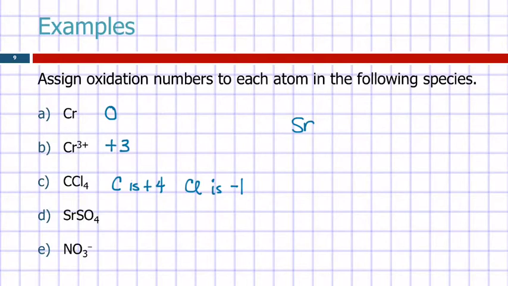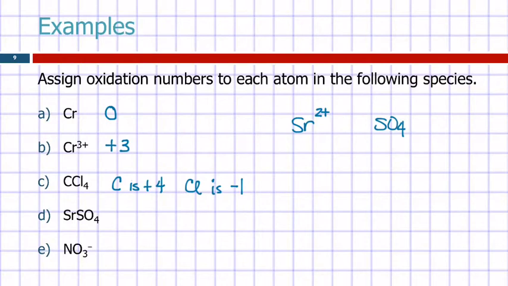Well, there's the first one, the metal, strontium, and then there's sulfate. We want to look at these separately. It's easier that way. What's the charge on strontium ion? 2+. It's in group 2A in the periodic table. So this is 2 plus. What's the charge on sulfate ion?